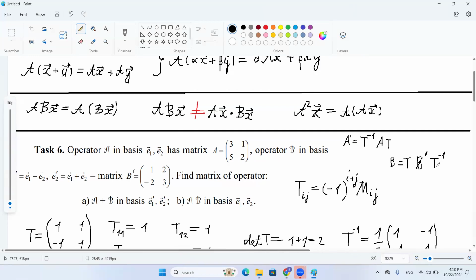So we just need to swap these matrices, and that's all. So it's enough to have only one transition matrix. We don't need to find more. Okay. Any questions about it?